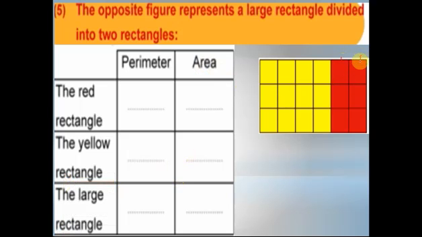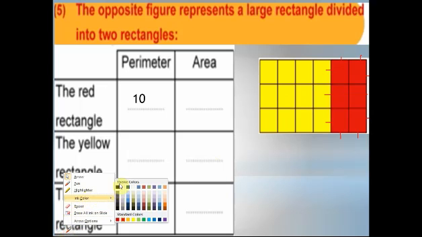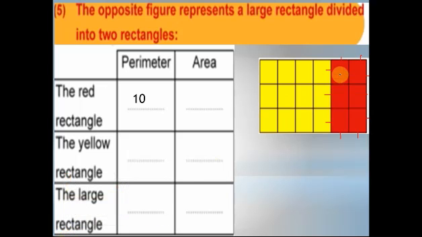So 1, 2, 3, up to 10. So the perimeter equals 10. What about the area? We're counting the inner rectangles. 1, 2, 3, 4, 5, 6. So the area for this red rectangle equals 6.